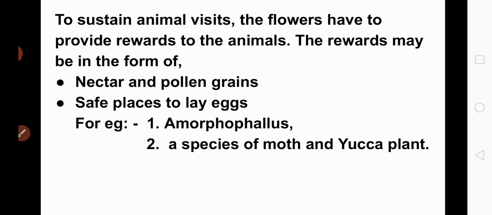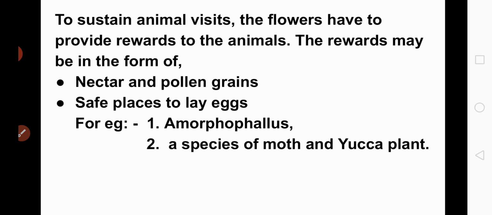The rewards may be in the form of nectar and pollen grains and safe places to lay eggs. With the nectar and pollen grains, the animal visitor comes in contact with the anthers and the stigma.